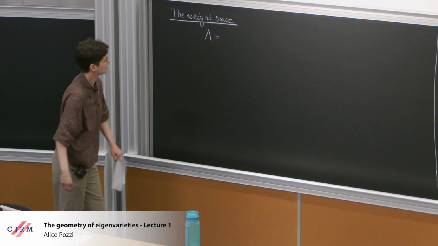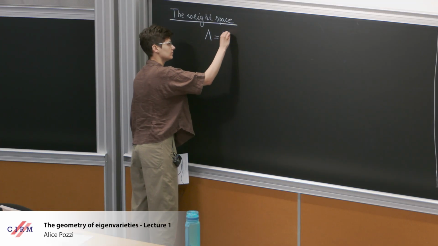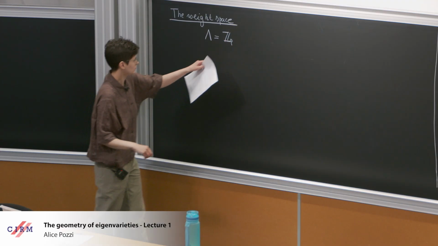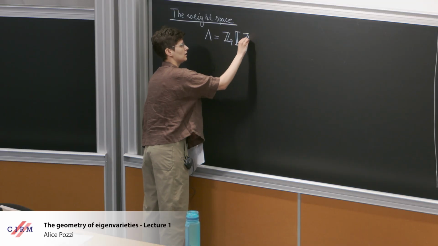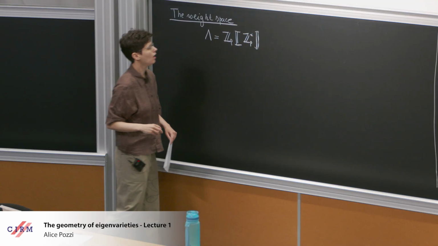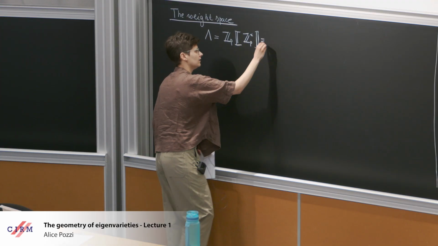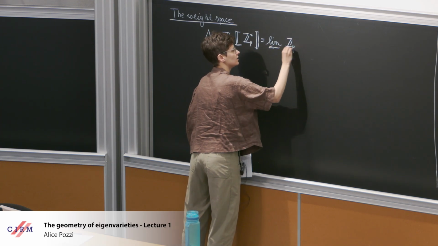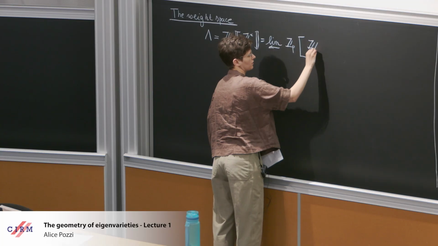And indeed, we start with looking at the so-called Iwasawa algebra, that I'm going to take to be the completed group ring of Z_p units, which you can write explicitly as an inverse limit of this collection of finite group rings.